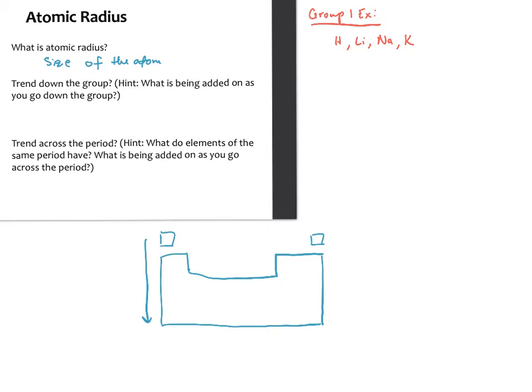And let's start with hydrogen. Hydrogen only has 1 electron shell. Lithium has 2. Sodium has 3. And then potassium has 4.